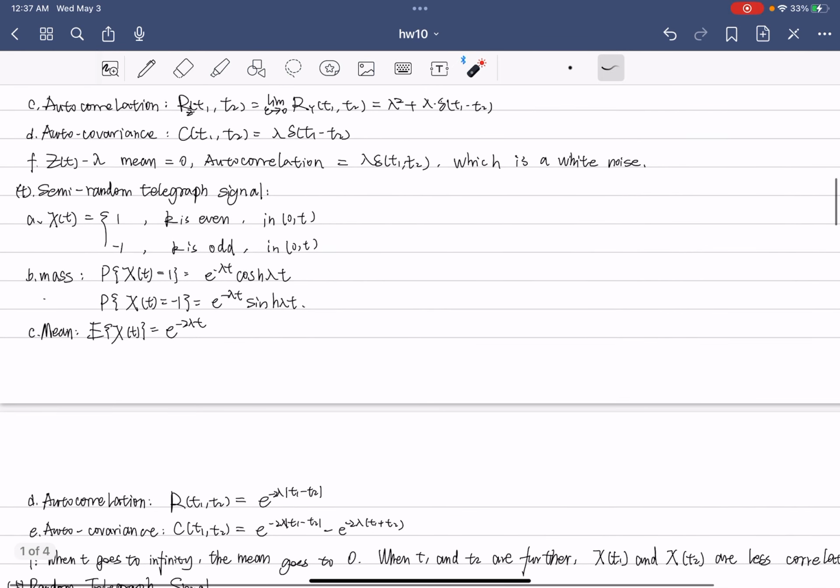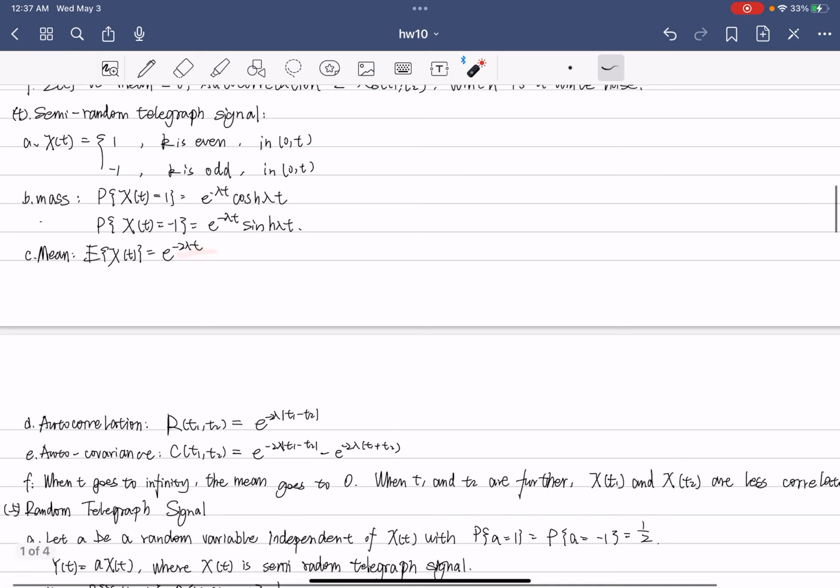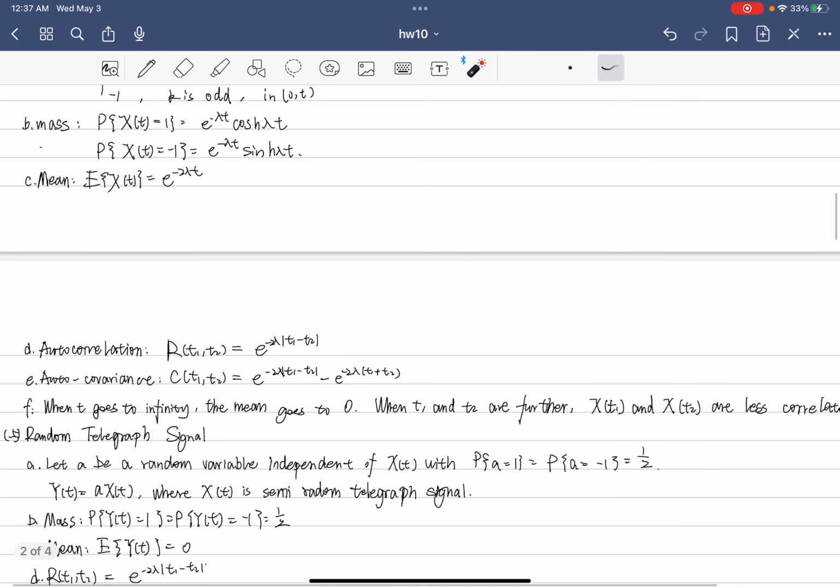The mean of the semi-random telegraph signal is e to the power of -2 lambda t. The autocorrelation R(t1, t2) equals e to the power of -2 lambda times the absolute value of t1 minus t2.